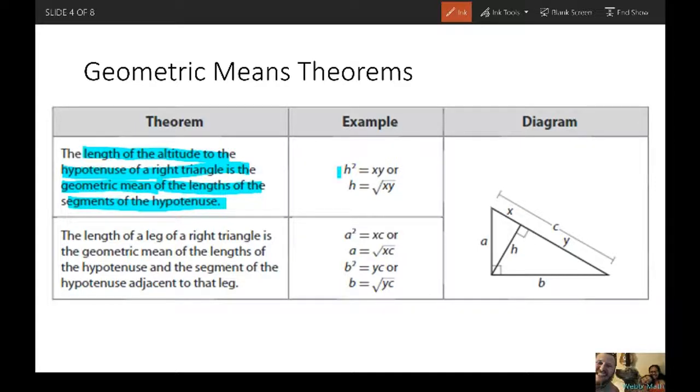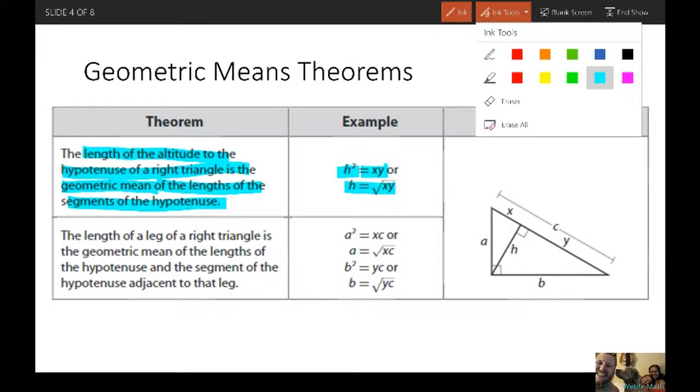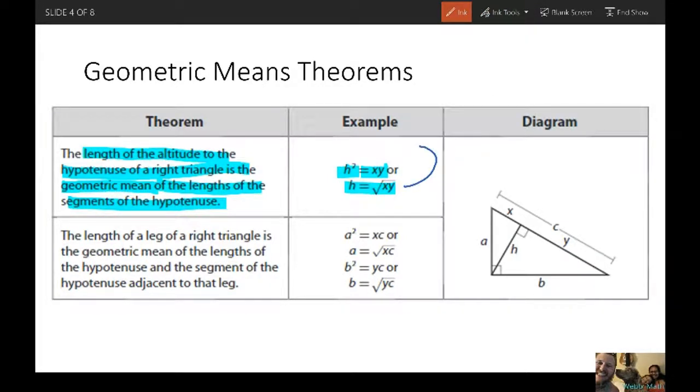So here they say h squared equals x times y, or, and this is the one that I used on the last slide, x equals the square root of 4 times 25. So that's what I used right there for the last slide.